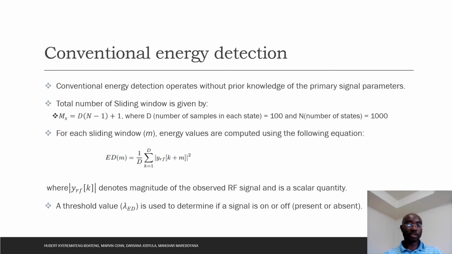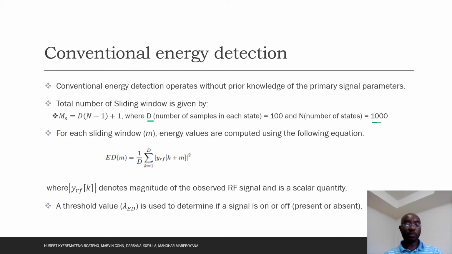Conventional energy detection. Conventional energy detection operates without prior knowledge of the primary signal parameters. Total number of sliding windows is given by Ms equals D times (N minus 1) plus 1, where D is the number of samples in each state, which equals 100, and N is the number of states, which equals 1000.